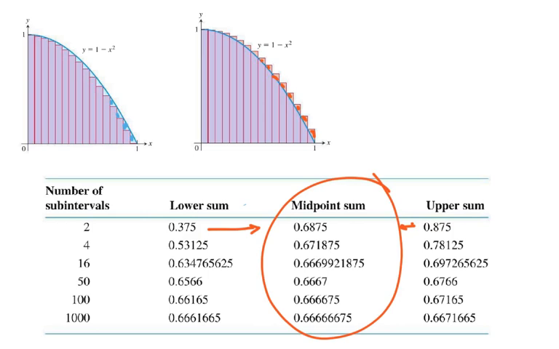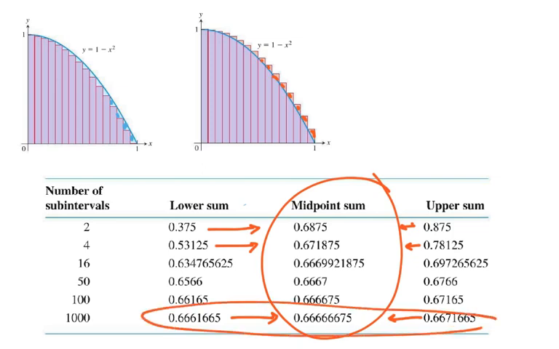With 4 rectangles, the upper sum is above and the lower sum is below, but we're still close to that approximately 2/3 value. And so when you get down here to 1,000 rectangles, you start to notice that the more rectangles we are creating, the closer all 3 of these sums are to each other.